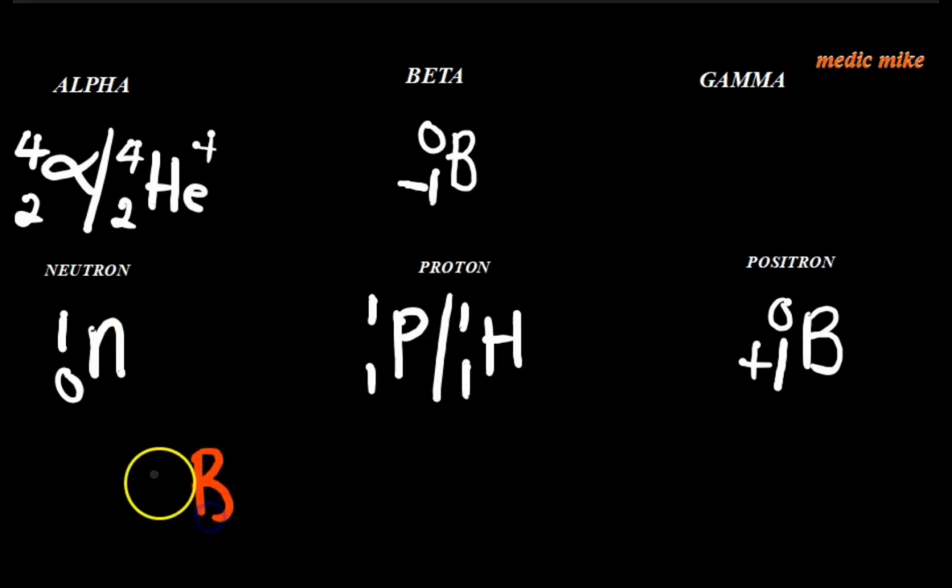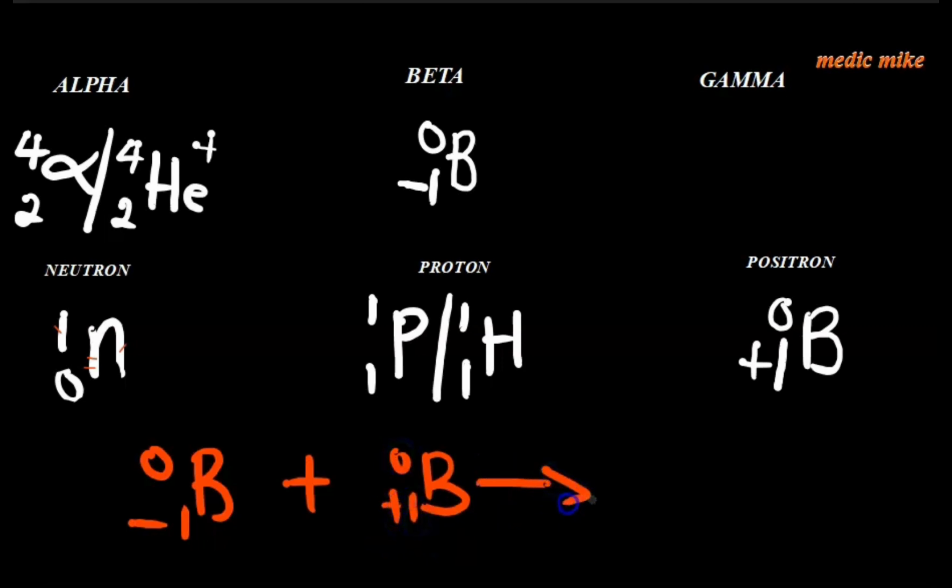When a beta particle with the negative atomic number reacts with a positron with a positive atomic number, these two particles will cancel each other to produce a gamma particle with 0 atomic number and 0 atomic mass respectively. So this should be represented as 0 and 0.